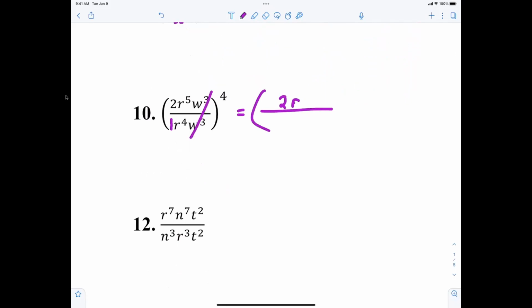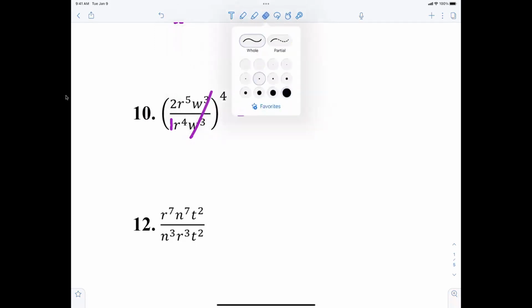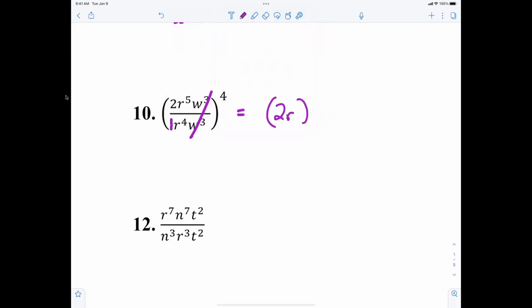So literally all I'm dealing with is 2R to the 4th power. So everybody agree with that? And then of course, 2 to the 4th is 16, so 16R to the 4th. Right?